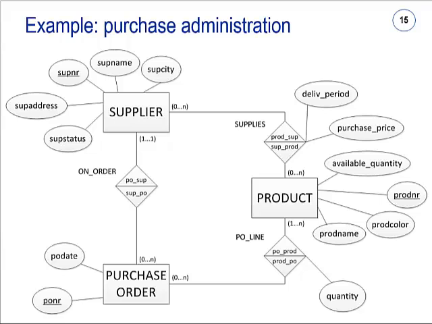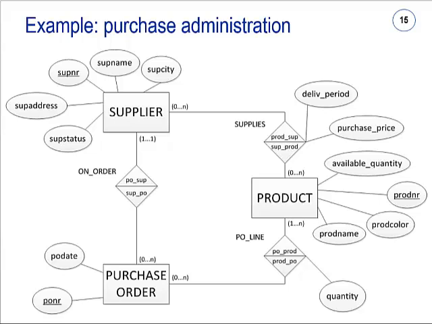So the delivery period and the purchase price are two examples of attribute types which you cannot connect to the entity types, either supplier or product. They are attribute types which are connected to the relationship type, because in order to know the delivery period and the purchase price, you need to know both the supplier and the product.